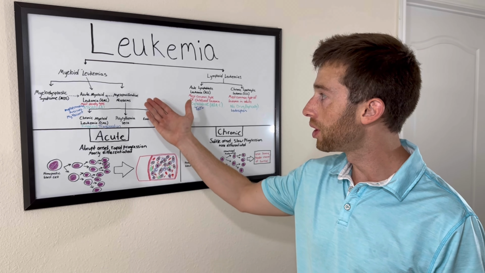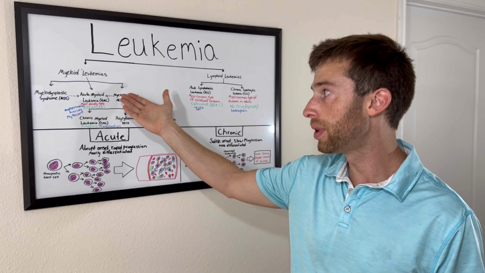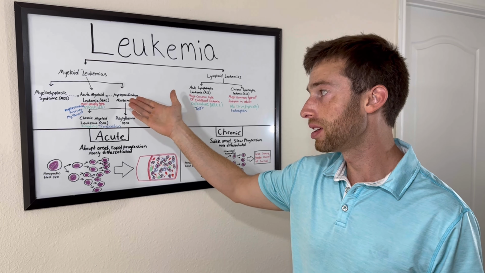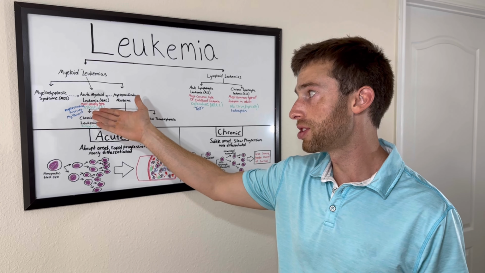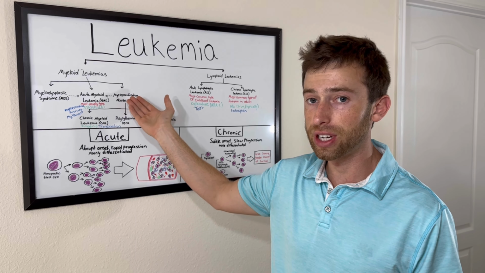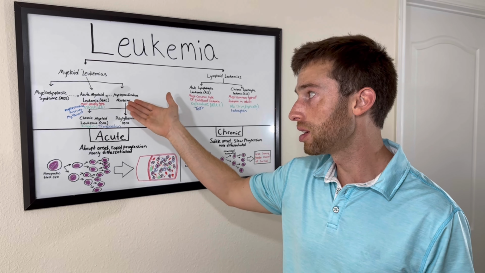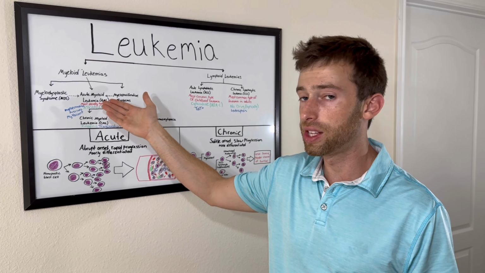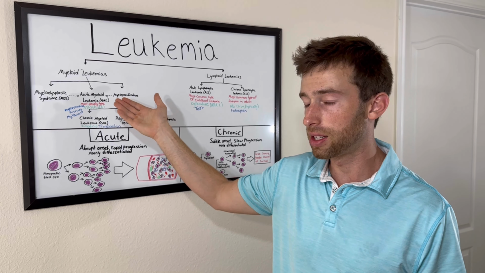So let's start with the AML, or acute myeloid leukemia. Now this one, it has this variant that we're going to see most often called the M3 variant. And basically what it means is that it's got a higher concentration of this enzyme called myeloperoxidase.